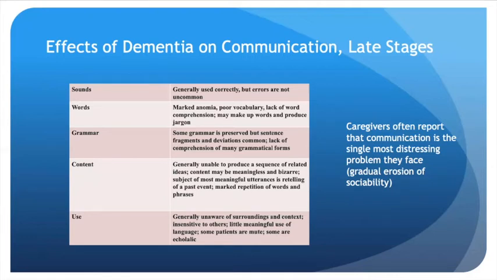Just having basic interactions, touch, hand holding, hugs, enjoying food that they used to enjoy, can be sources of comfort, but a lot of the spice of life is gone at this point.